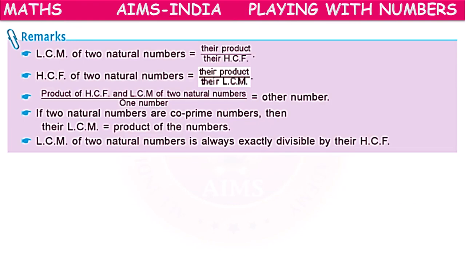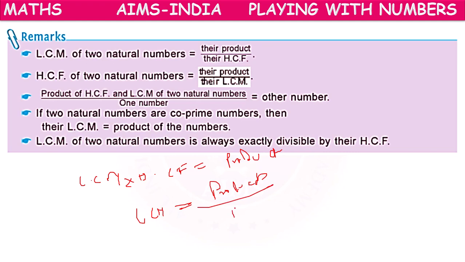Next. Just now we have learned that LCM into HCF is equal to their product. If you want to find only LCM, this HCF will come down, so LCM equals product by HCF.